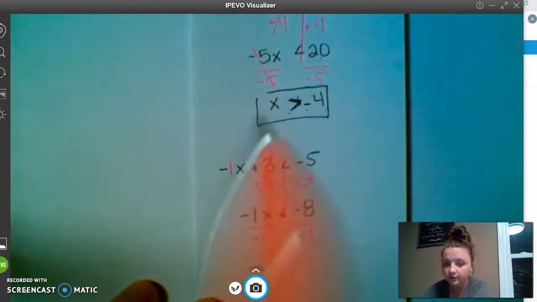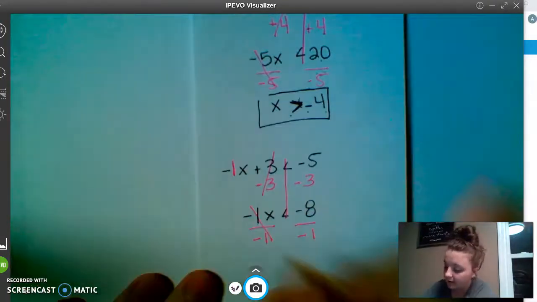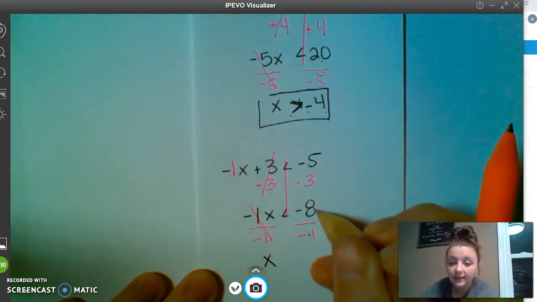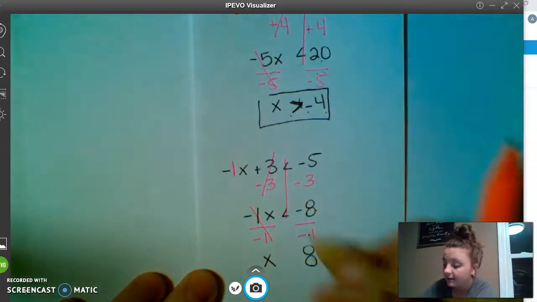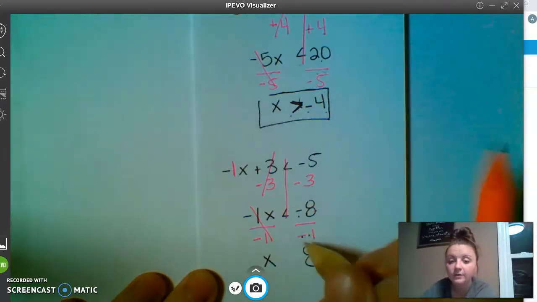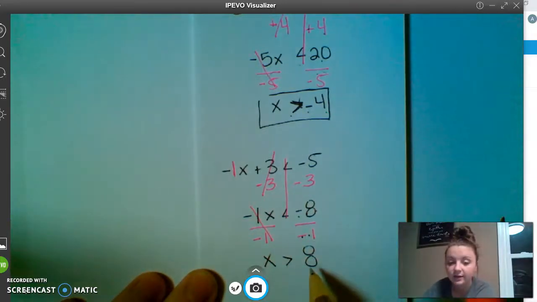Those cancel, and I've got x and negative 8 divided by negative 1. Well, 8 divided by 1 is 8. Negative divided by negative is a positive. Remember, same signs is positive. I divided by a negative on both sides, so I have to flip my sign. So my answer is x is greater than 8.